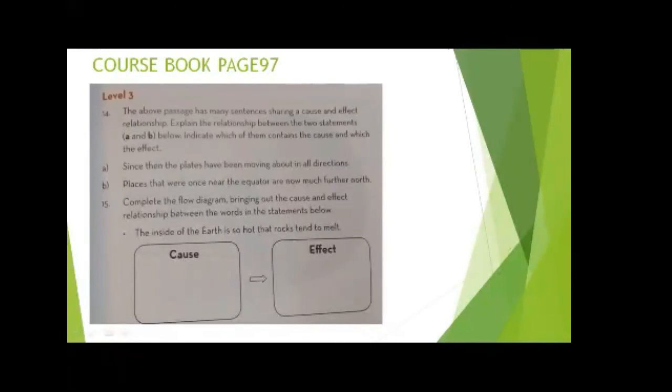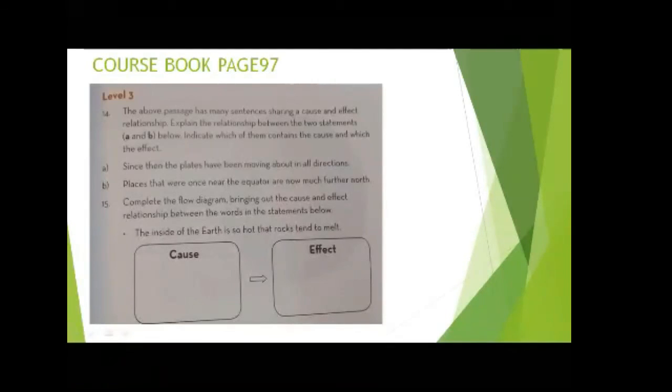Cause tells us why something is happening, and effect tells us what is happening. So, of course, since then, the plates have been moving about in all directions is the cause, and sentence B, places that were near the equator are now much farther north, is the effect. I hope you got how to identify the cause and effect.